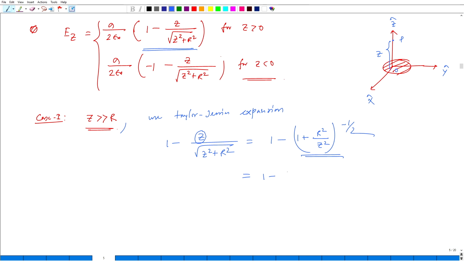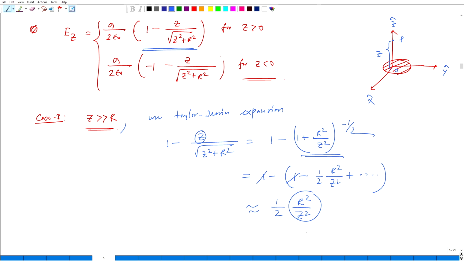So, 1 minus half r square over z square; we only consider the leading order term, and these are the higher order terms. So, this 1 cancels, and the remaining part is half r square by z square. This is the leading term.